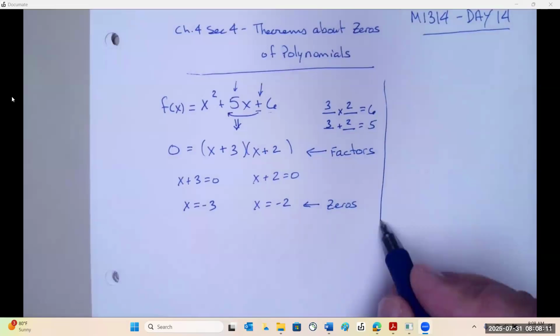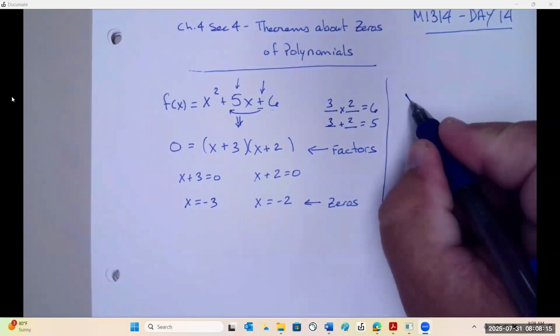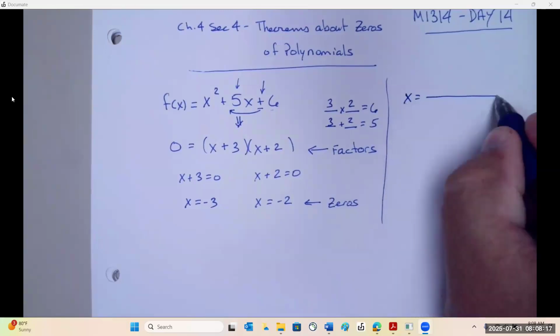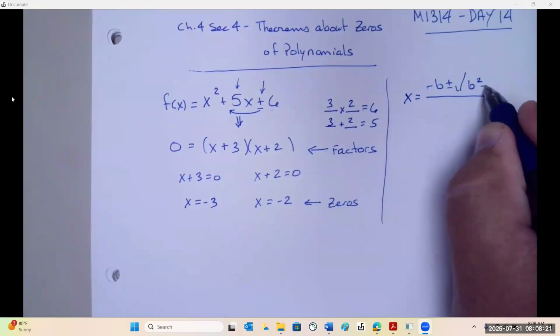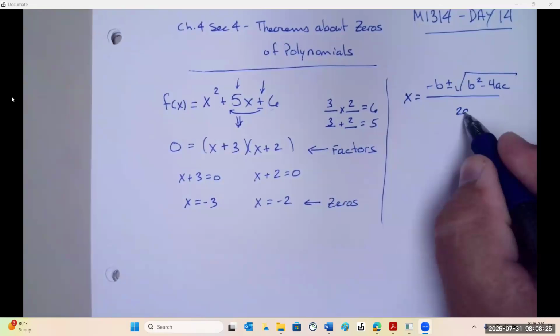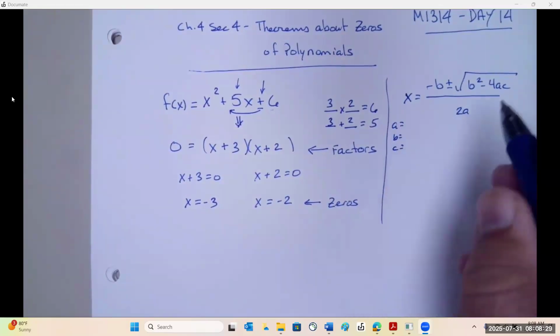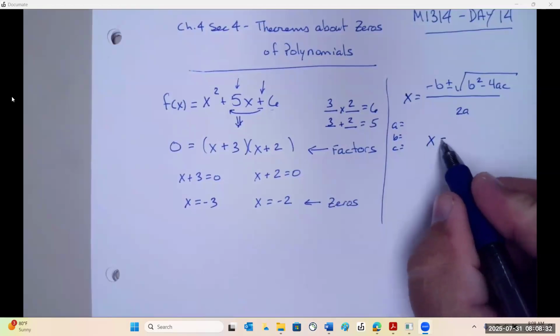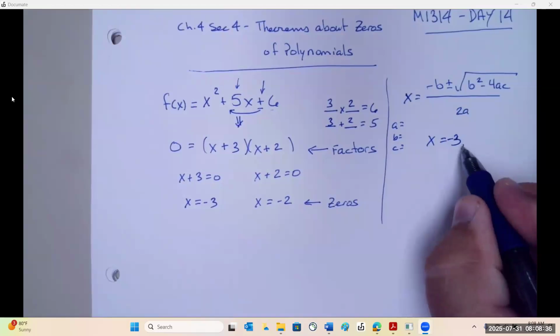When we use the quadratic formula, we put it in this equation. Label A, B, and C, plug them in there, and then we end up with two answers.